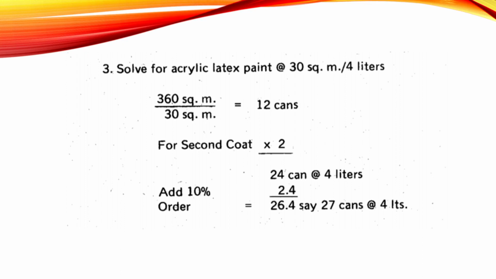Therefore, we have 24 cans of 4 liters acrylic latex paint. And then we will add 10% of the 24, which is 2.4, for allowance. Therefore, you will order 26.4, or say 27 cans of acrylic latex paint at 4 liters.